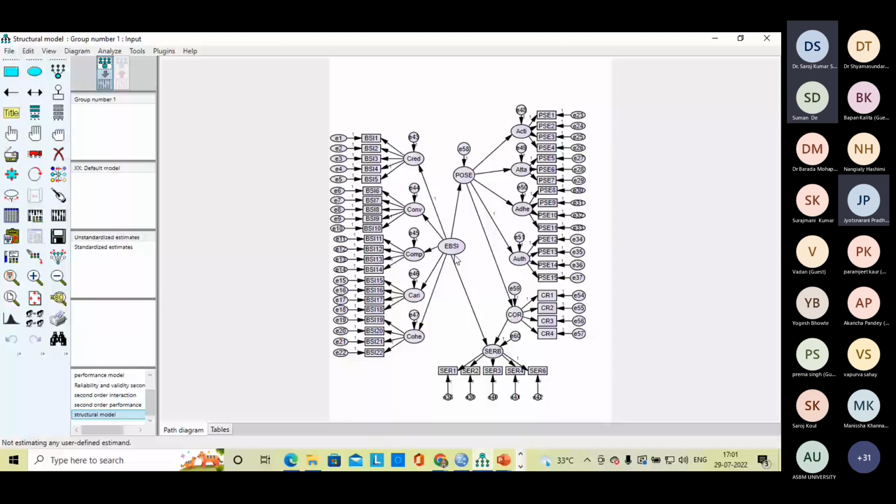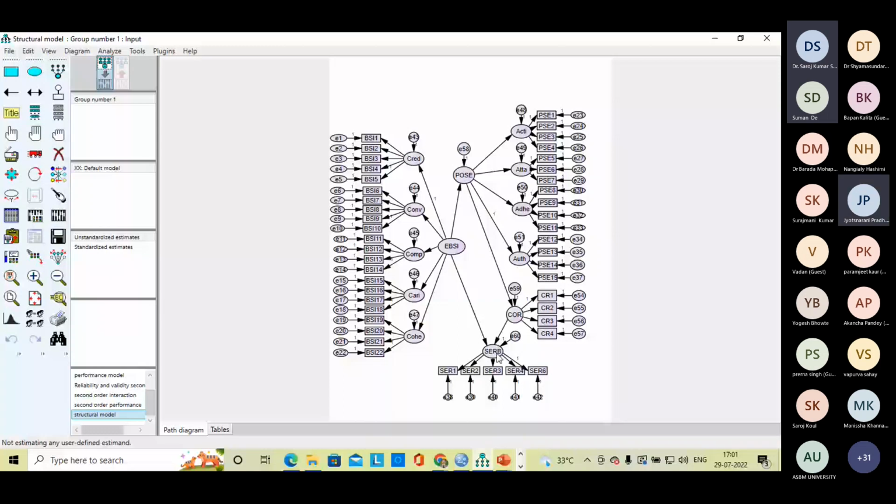Look at my cursor movement. EBSI, buyer-seller interaction, leads to sales performance. Sales performance leads to corporate reputation. COR means corporate reputation. Corporate reputation influences employee retention.